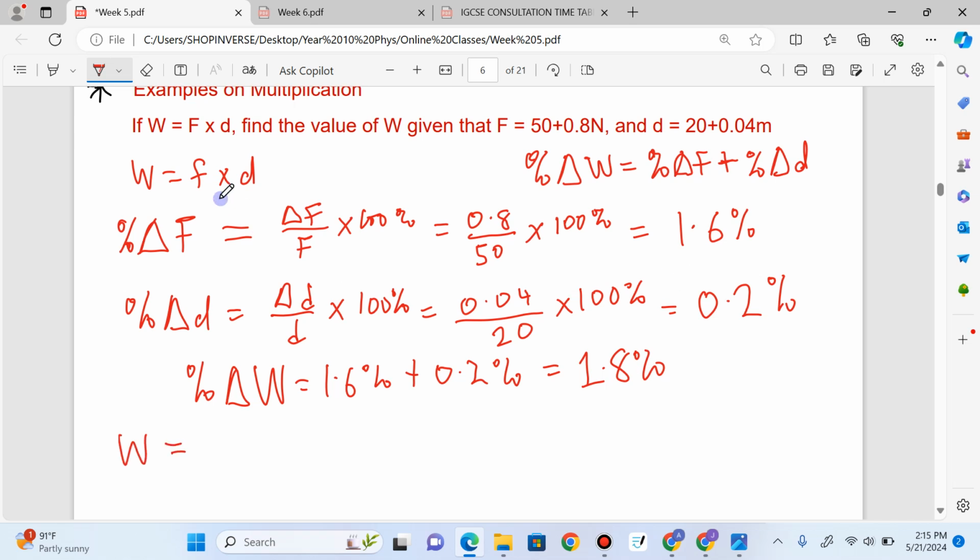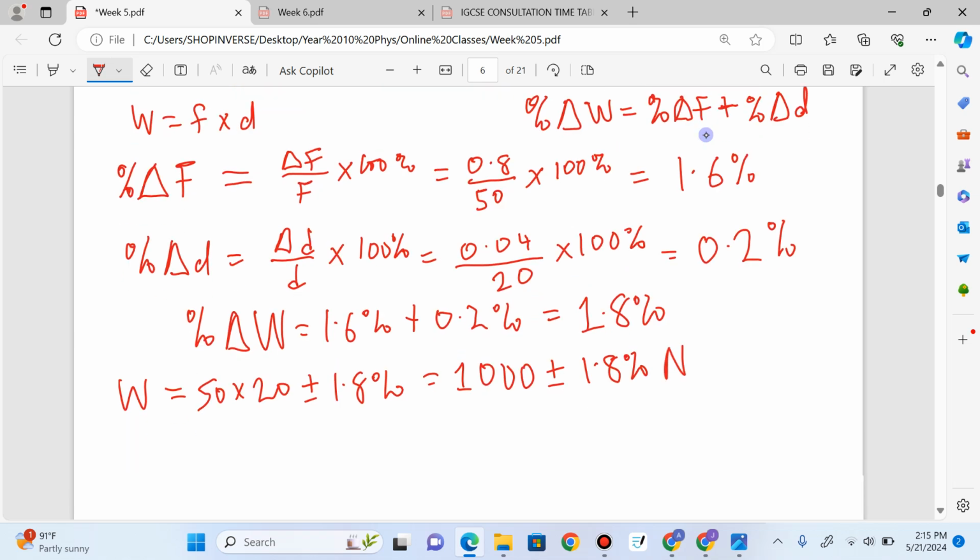The product of force times distance, 50 multiplied by 20, plus or minus 1.8%. 50 multiplied by 20 is 1000 plus or minus 1.8% in Newton.